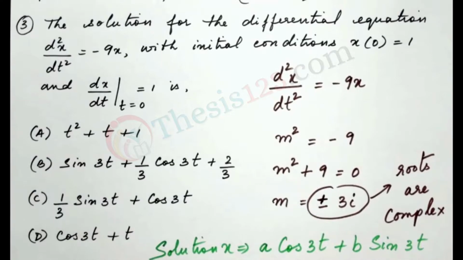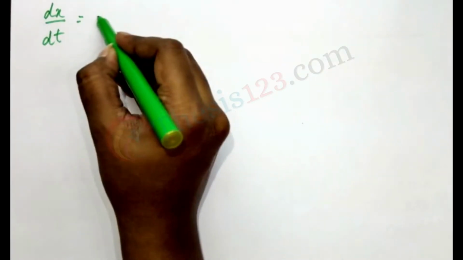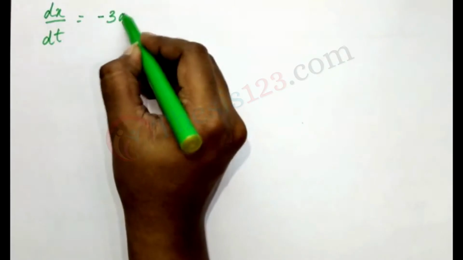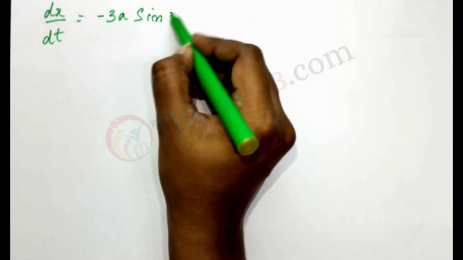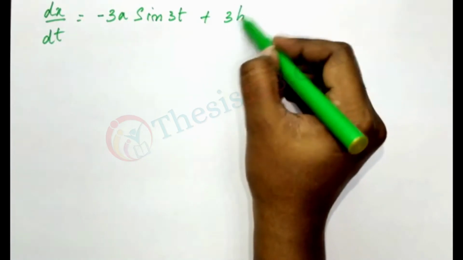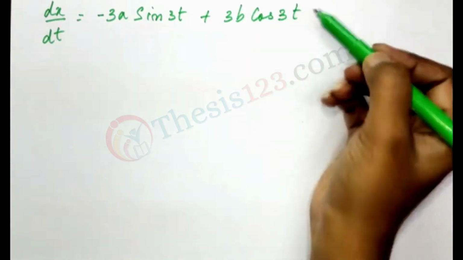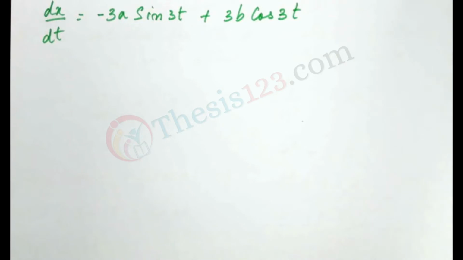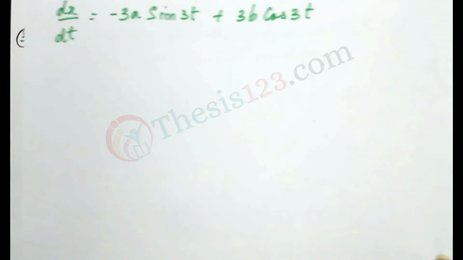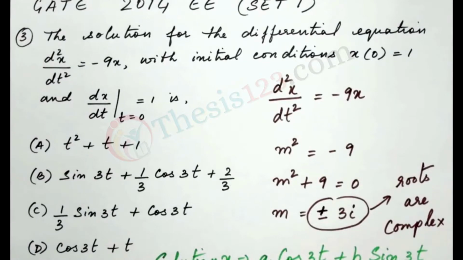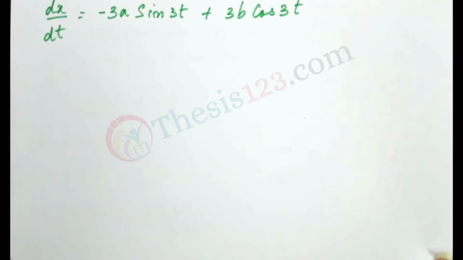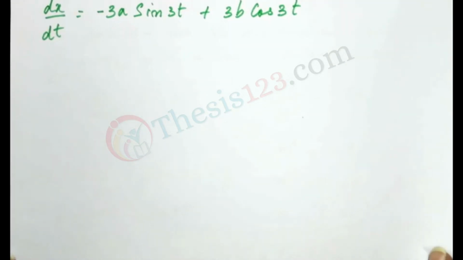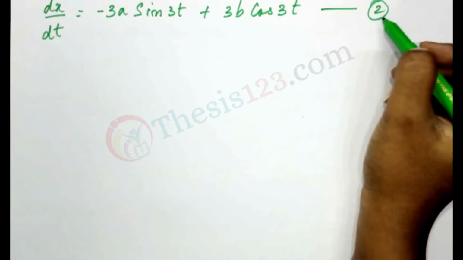So dx by dt is written as minus 3a sin 3t plus 3b cos 3t. Since we are going to solve using a couple of equations, let's call the previous equation 1 and the first derivative equation 2.